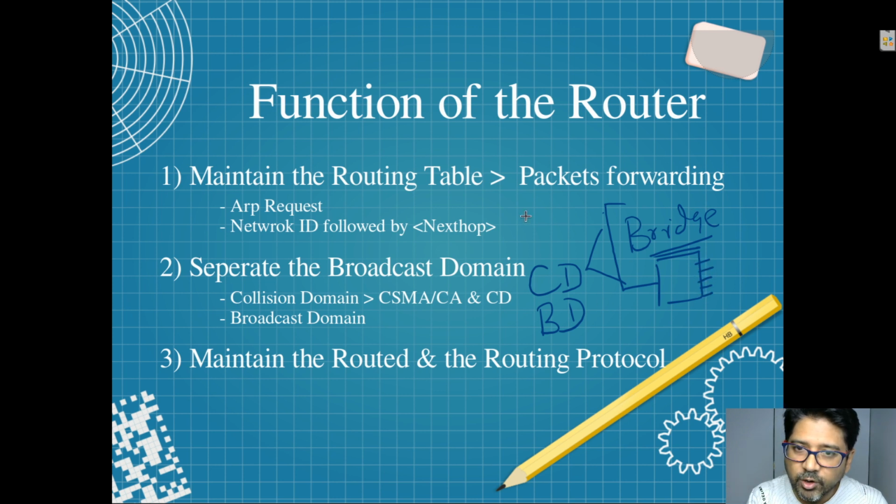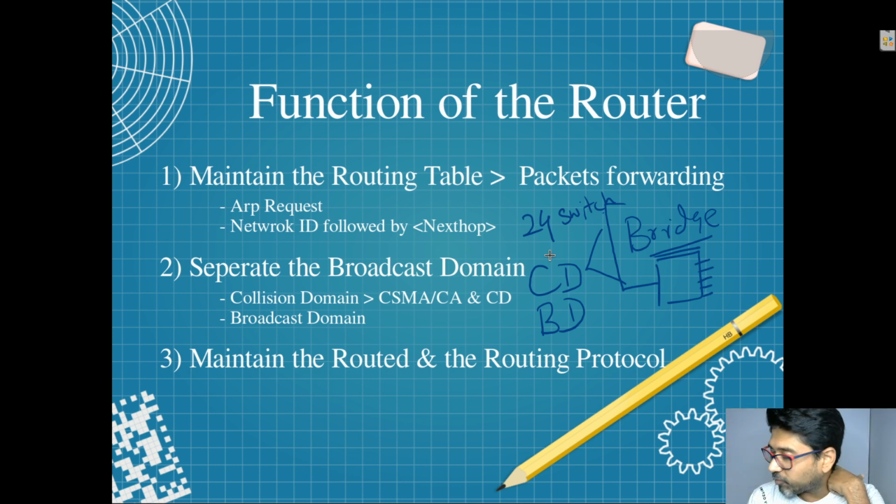Suppose we have a 24-port switch, so we have 24 separate collision domains. So the switch is very smart, which makes each port have a separate collision domain.